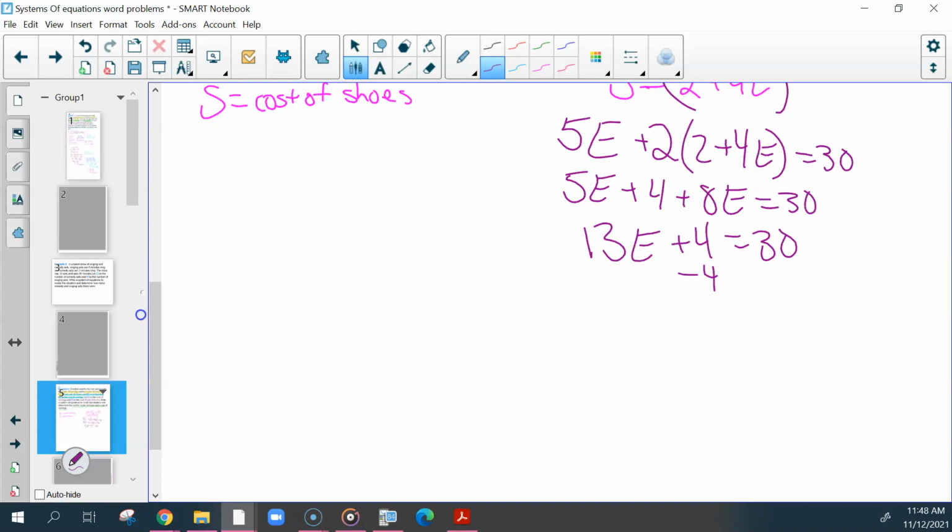And solve for E, subtract 4 on both sides, and divide both sides by 13. Remember your units. Here we're looking for cost, so our units are going to be dollars. You can take the earrings around sale.